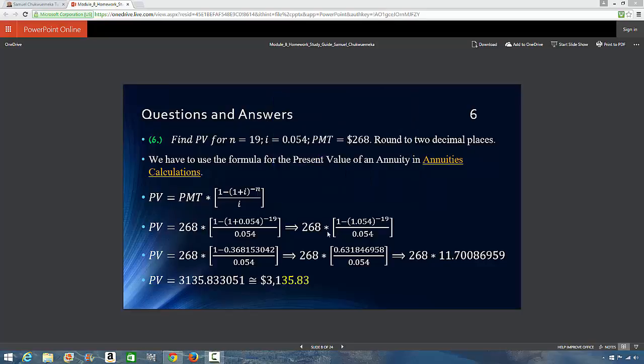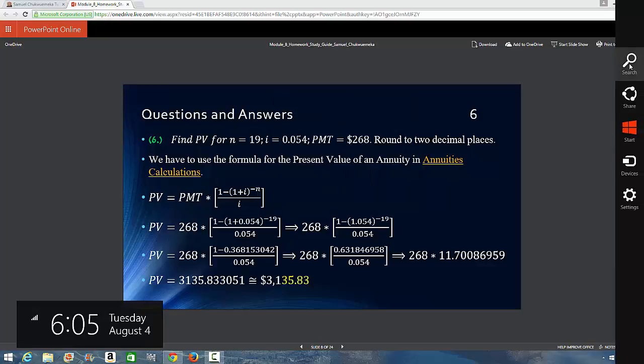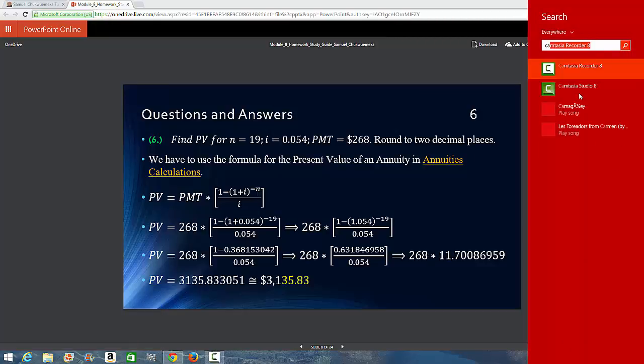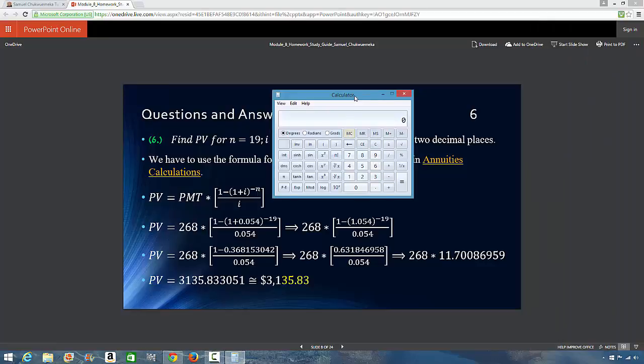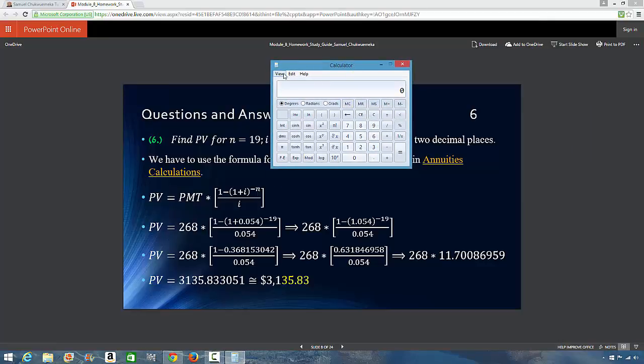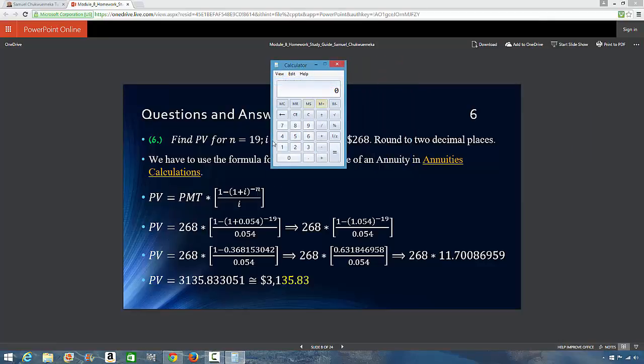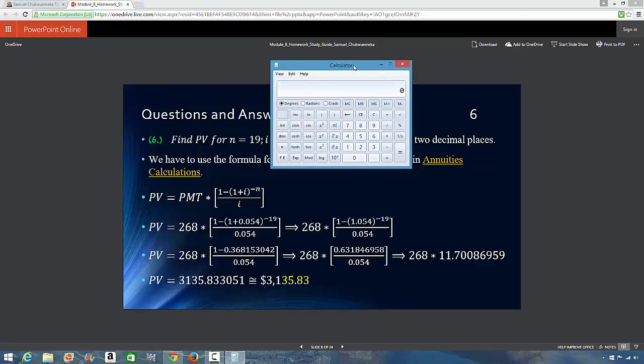Assuming I close this, you go to your Windows, type in calculator. You want to use this. You don't want to use this, no. You want to use this one. You click on it, and initially it looks like this. It's the standard. Just click View and click Scientific.